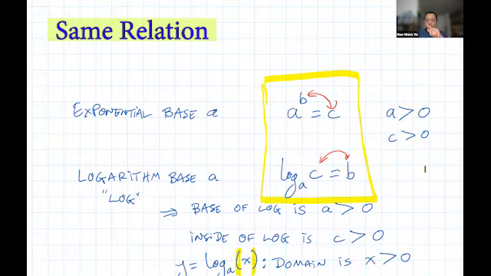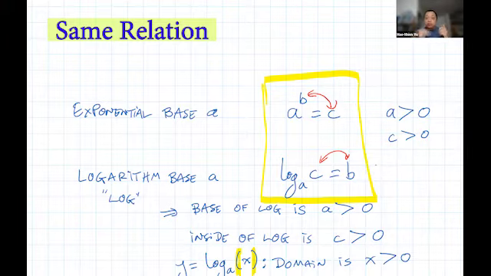Whatever used to be the result in one form becomes attached to the base in the other form. In the exponential form, b goes with the base and c is the result. In the logarithm form, c goes with the base and b is the result. Vice versa, in logarithm form, c goes with the base in logarithm and b is the result. Switching over to exponential, b goes with the base in exponential and c is the result.